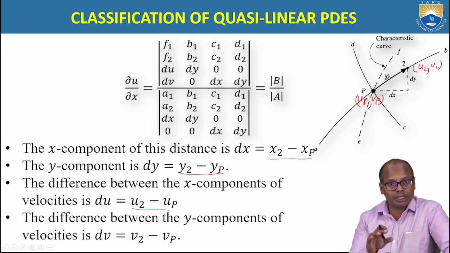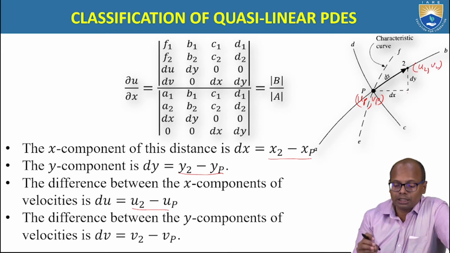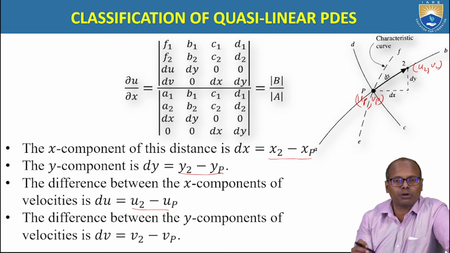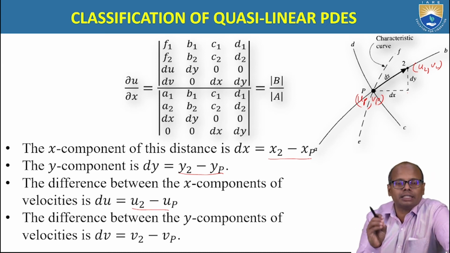Because that is our initial assumption, that the velocities at each point are unique values.